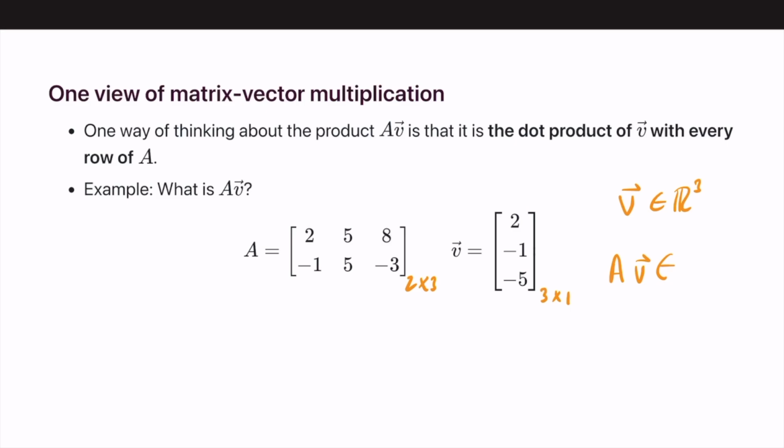So let's go ahead and do that operation real quick. Okay, so A times V is going to give us some matrix or some vector. And we know that A is a 2 by 3 and V is a 3 by 1.